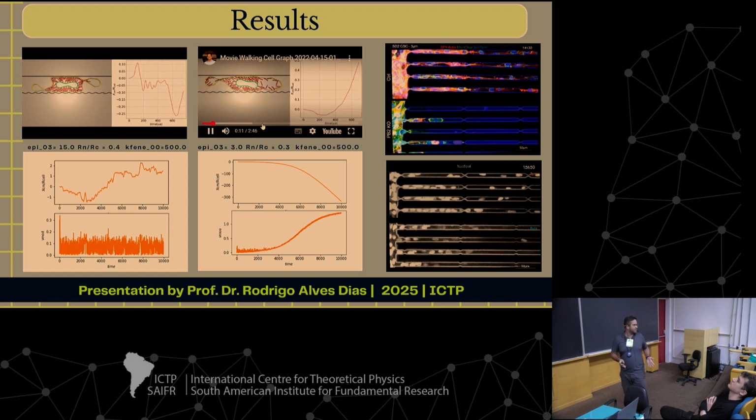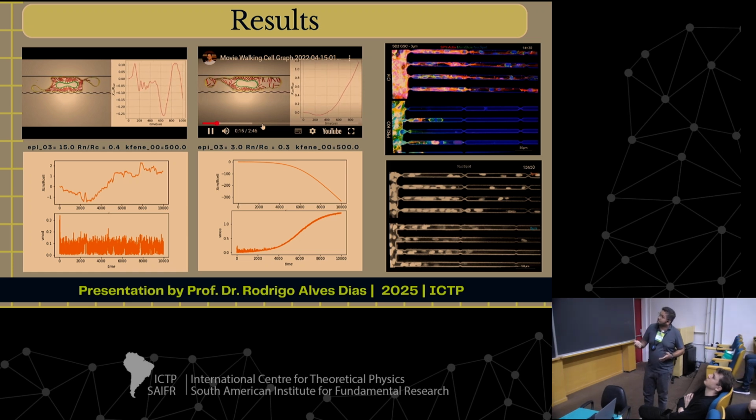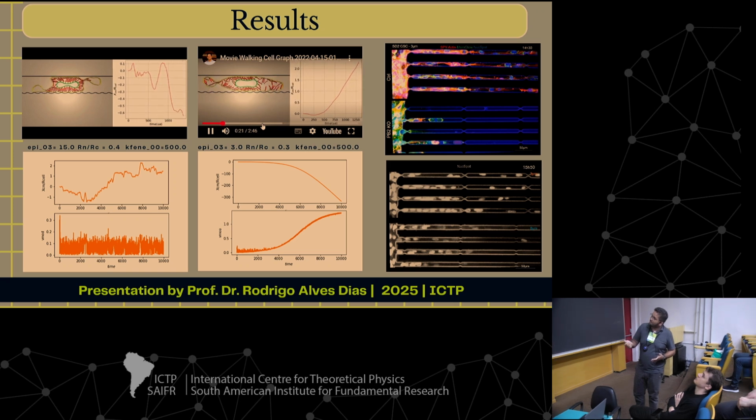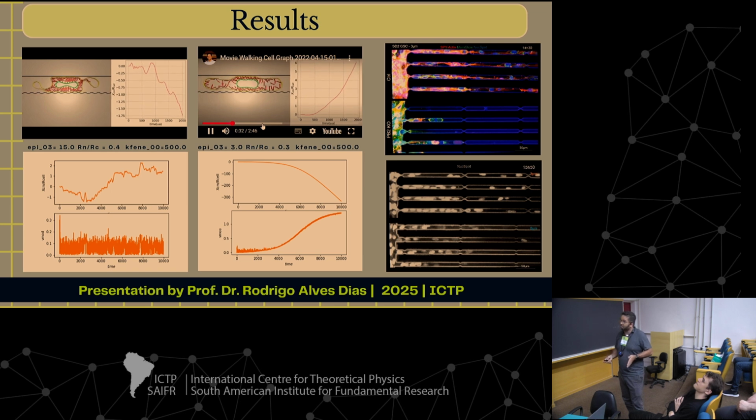You can see that in this simulation, the center of mass of this cell stays randomly shaking around the position where I put it. The average modulus of the center of mass velocity only oscillates near zero. But this one is a representative cell that walks.